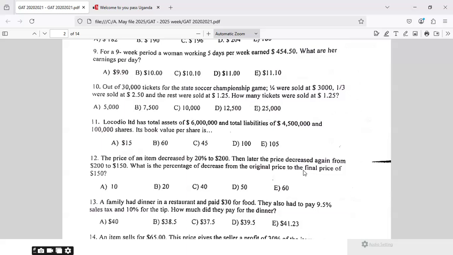We're supposed to look at 10. Okay. Let me get 10. Okay.